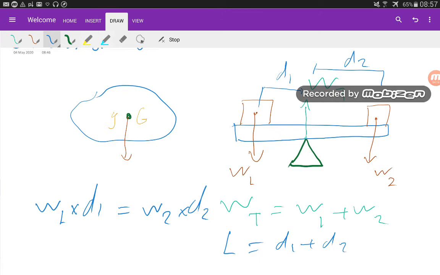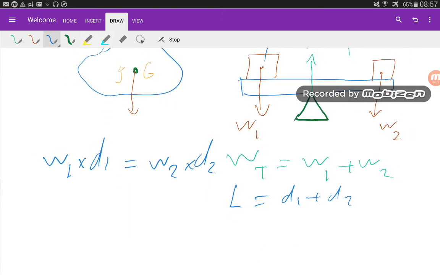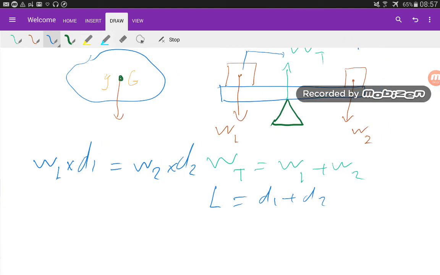So if you have the total length L of your lever, you can have W1 times D1 equal to W2 times D2, where D2 is equal to L minus D1.